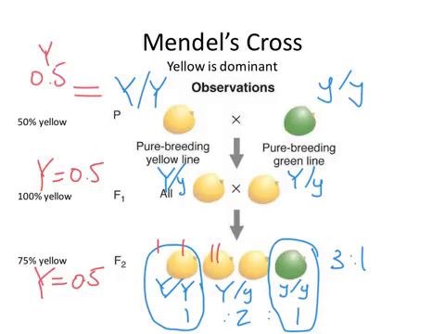So from generation to generation, at least in this cross, the allele frequencies haven't changed. They've stayed the same. And the same number of big Ys and little y's every generation.